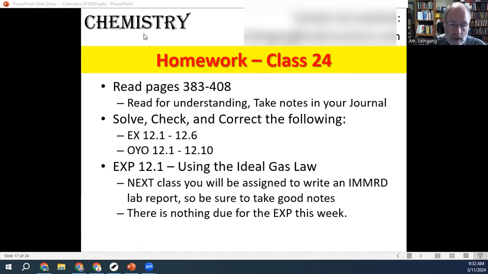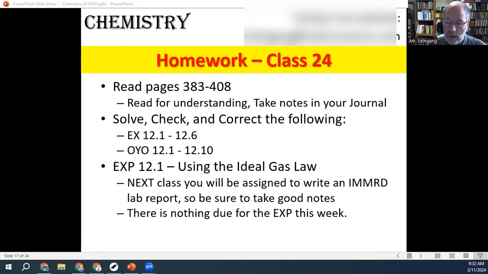As you come to an experiment, if there are any, you want to complete them so that you have that concrete experience. But we're not assigning anything for the labs this week.